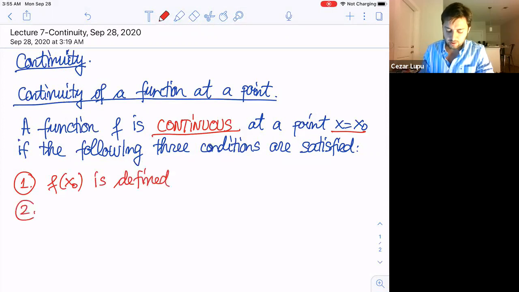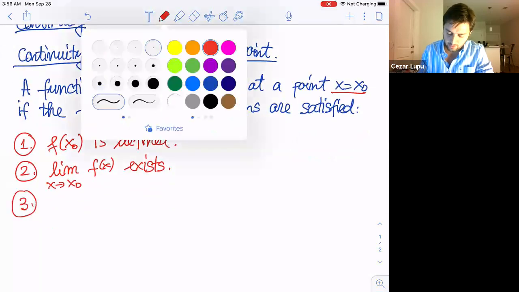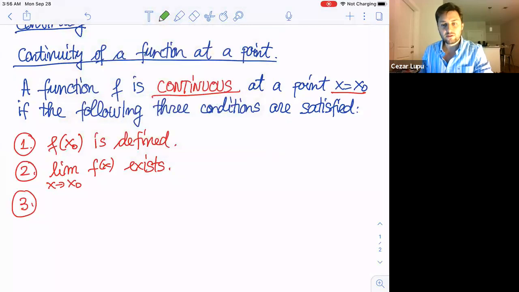The second condition is that the limit as x approaches x naught of f of x exists. And the third condition, which is more important, I would say, is not just that the limit exists, but moreover that it's the value of f at that point.